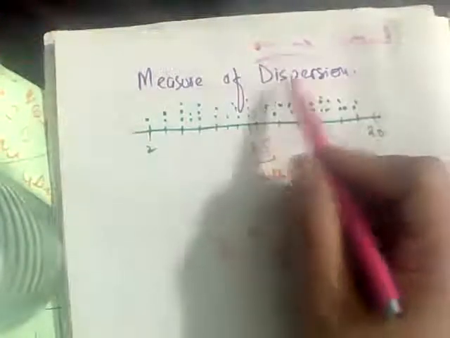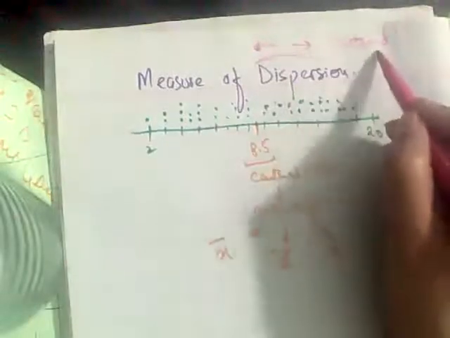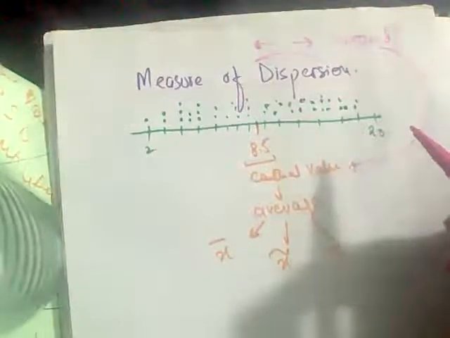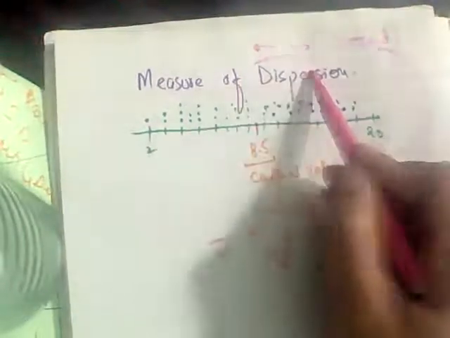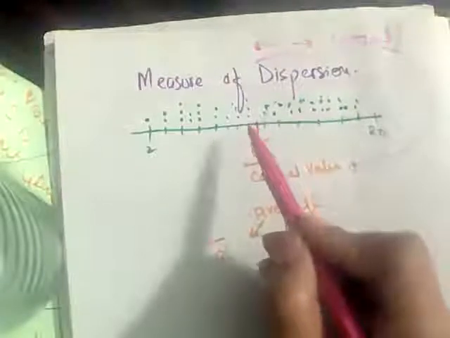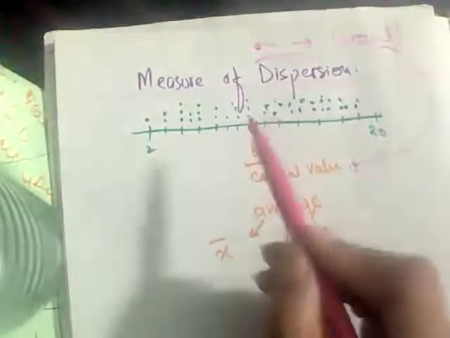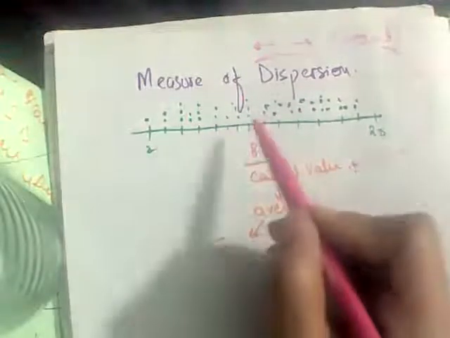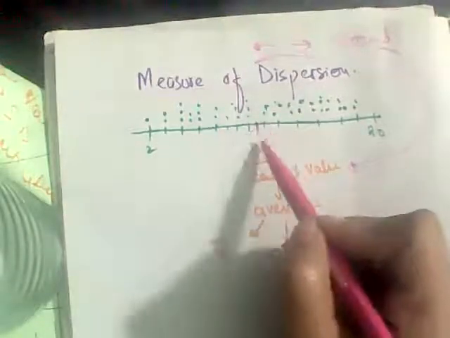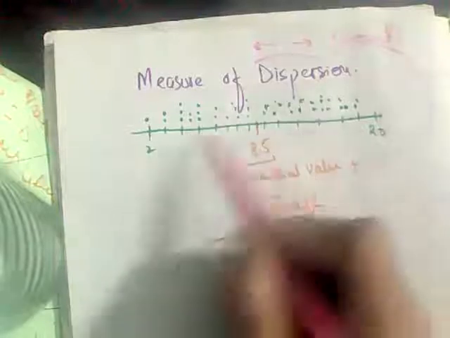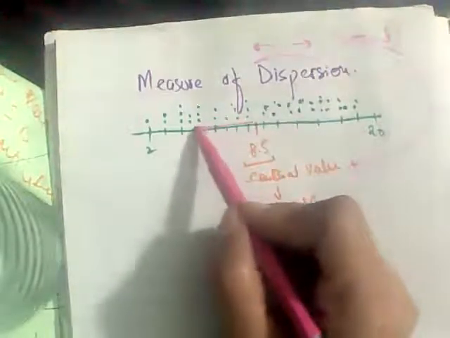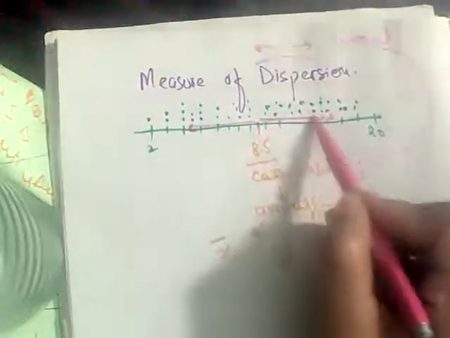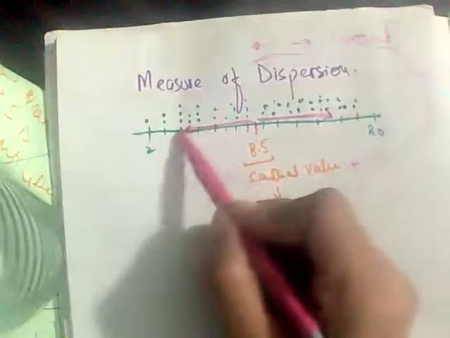So the measure is dispersed around what? Around the central value. So basically this measure of dispersion tells me how much of the majority of the data is around the central value. I'm not saying all, I'm saying the majority of the data. Now I can very clearly see that the majority of the data is not so close, it is dispersed quite far away from the central value.